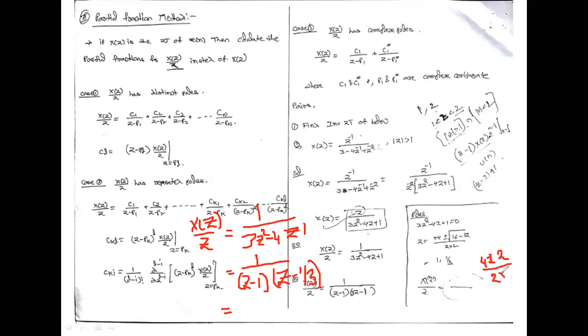Here 2a is 3. So 4 plus or minus 2 gives 6 by 6, which is 1, and 4 minus 2 is 2 by 3. So 1 and 1 by 3 only.